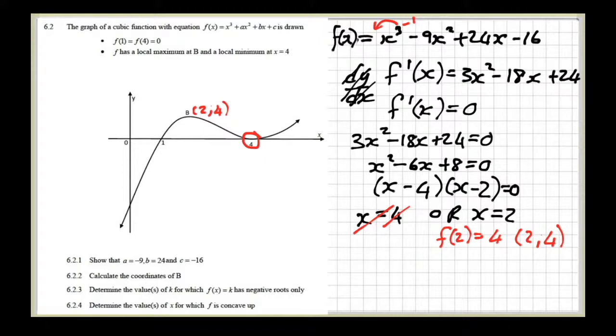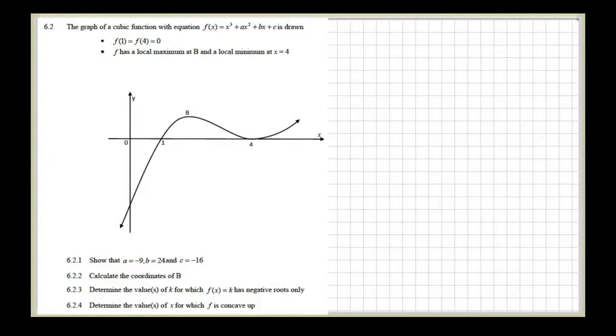So the next question is, determine the values of k for which f of x equal to k has negative roots only. Now what I do in a case like this, I'm just first of all going to put in the information that I received earlier. Okay, there we go, I've got B. What I like to do in a case like this, there are two schools of thought.